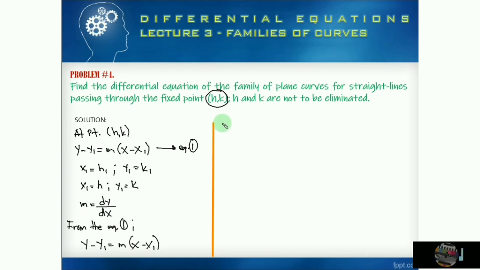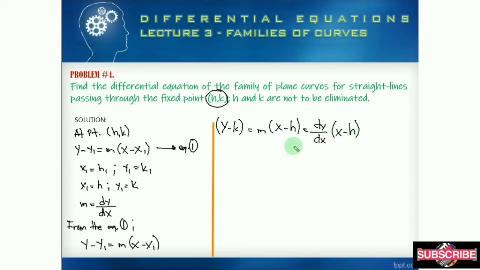So y minus k is equal to m times x minus h, and this is just equal to dy over dx times x minus h.